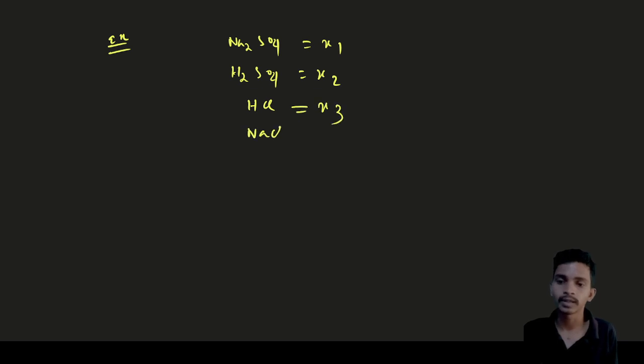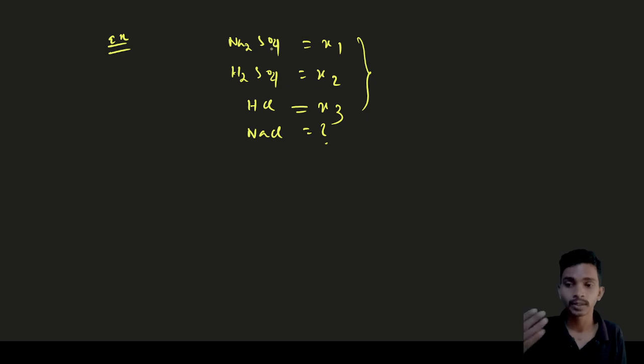Then they ask: find the NaCl value. How can you find it? Here we are using the strong electrolytes' values, but this value is not given to you, so you have to use these values and find this value. These all are strong electrolytes, so at infinite dilutions these ions will show individual properties, because water comes in between them and the distance between them increases.